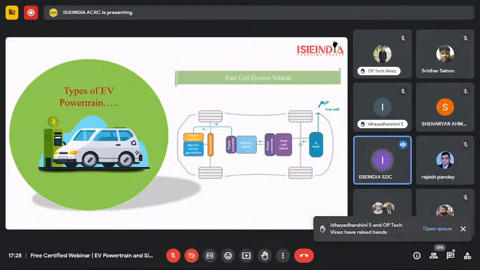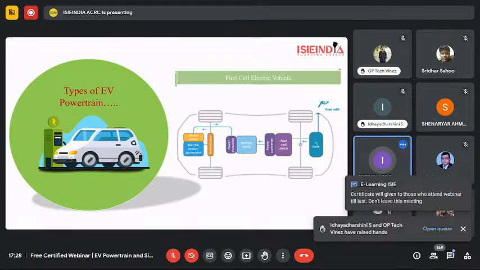But whenever the vehicle comes into motion, there is no need of that much torque. Then the battery will be discontinued, and the electrical energy produced by the fuel cell is enough to move the vehicle.